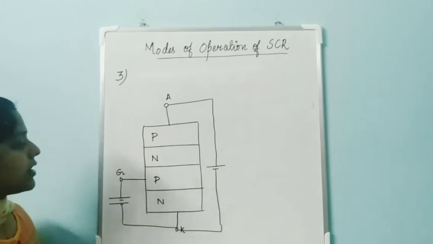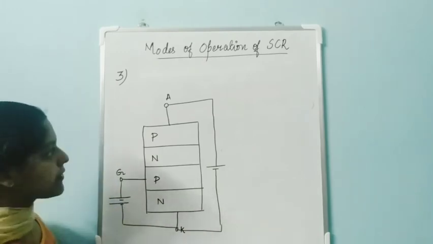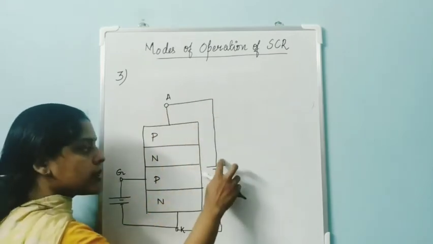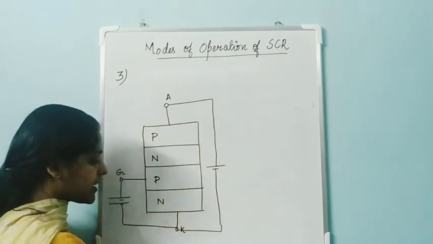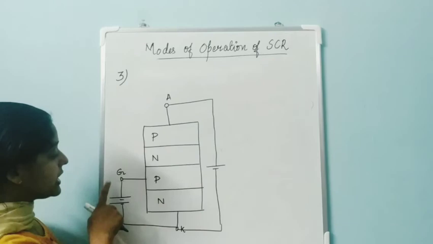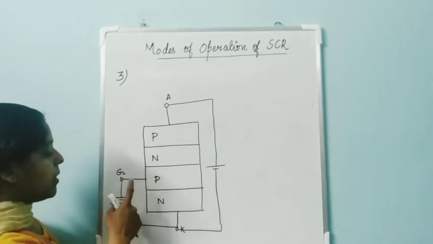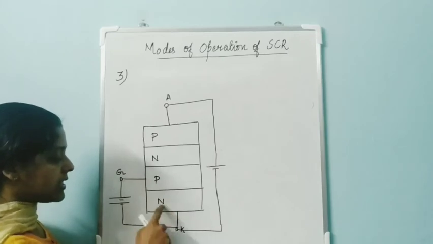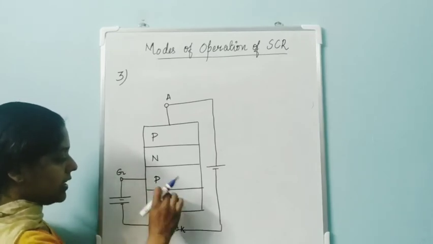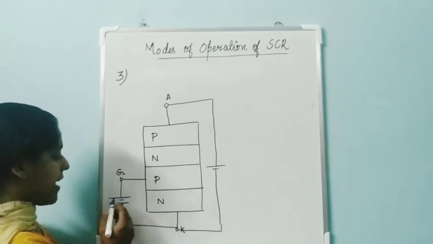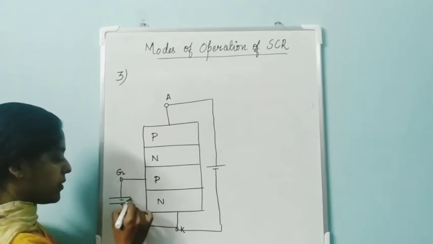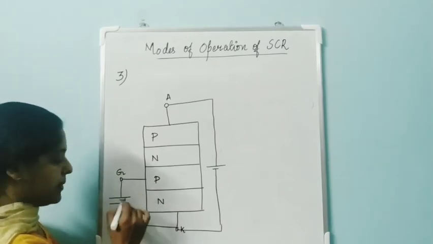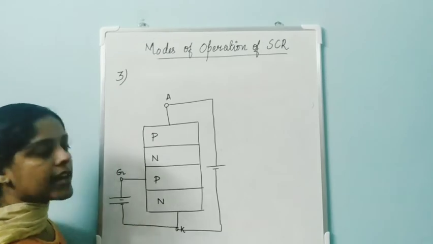Now what is the additional change that I have given? Here anode is connected to the positive terminal, cathode is connected to the negative terminal. Here the gate is not open, but the gate is connected between P and this cathode. I have given a battery like this, positive polarity to this gate terminal and the negative polarity to this cathode terminal.